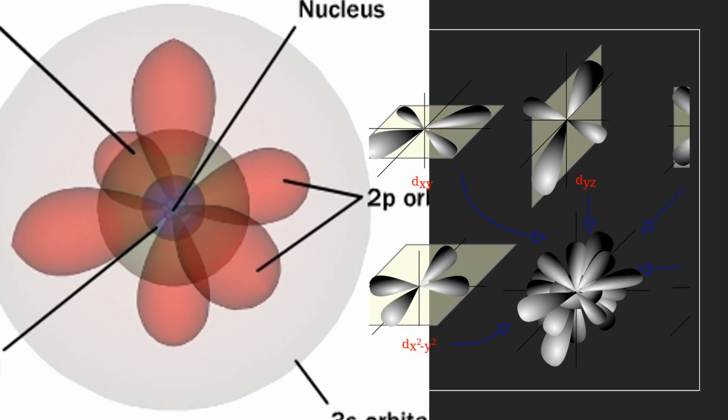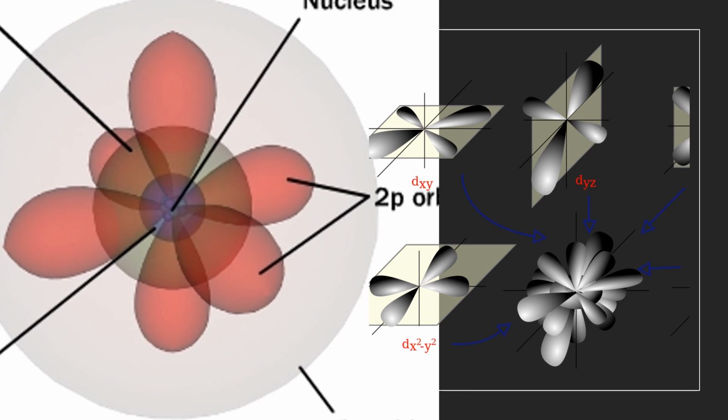Let's take a moment to imagine how orbitals of different types can coexist in the same atom. Here we have a 1s orbital, the small sphere, and then a 2s orbital in this larger sphere, and then finally a 3s orbital in this gray sphere. Each s orbital can hold up to 2 electrons.